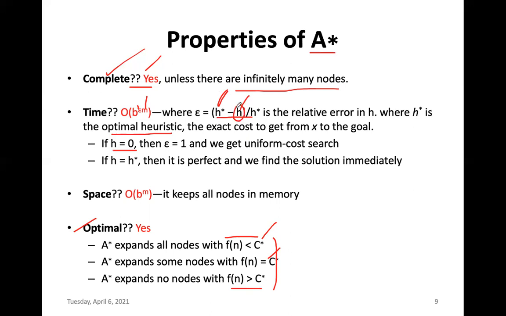If your heuristic function in this A star is 0, which means it is not working, its value is 0, then you can put this value 0 here, and then it would become H star over H star, and you will get epsilon as 1. And then it means that your relative error is at the highest peak, 100%, you can say.